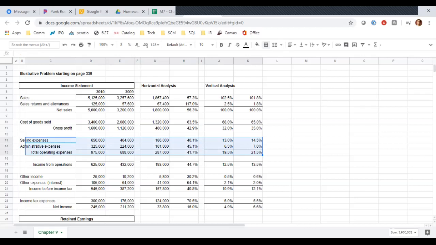Our income from operations went down, but again, that's attributed to our cost of goods sold. Other income and expense. Our other income is about the same. Our other expenses are about the same percentage-wise. Our income tax is a little more. You would expect that because we had more income.